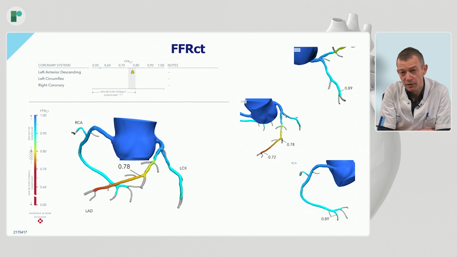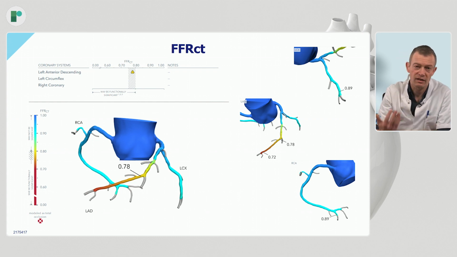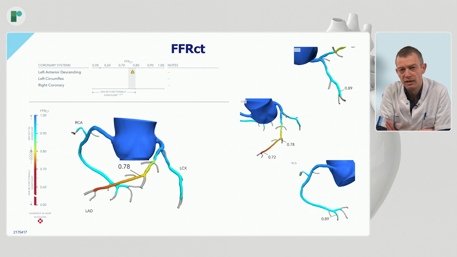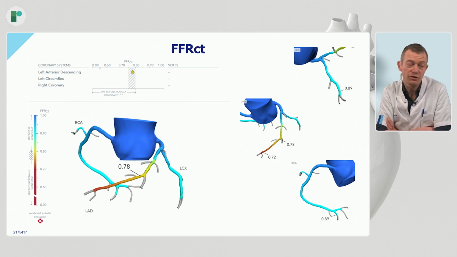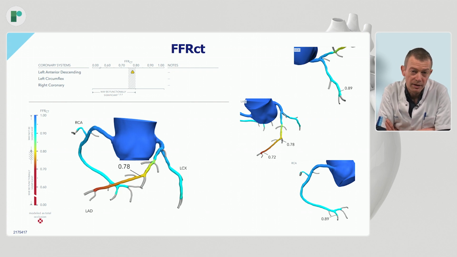And as you can see, the CT was fairly right in a way that the right and the circumflex appeared to be free of disease, so no significant pressure gradients here, but a significant gradient which you would expect with a lesion of 50 to 70% in the mid LAD, showing you actually 2 values of a FFR CT of 0.78 in the mid LAD and, as you would expect, a further drop in the gradient to 0.72 in the distal LAD based on the fact there were 2 lesions, 1 in the more proximal and 1 in the more distal part of the LAD.